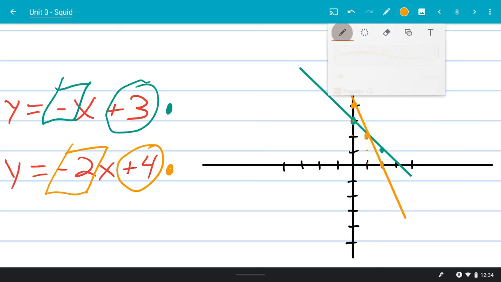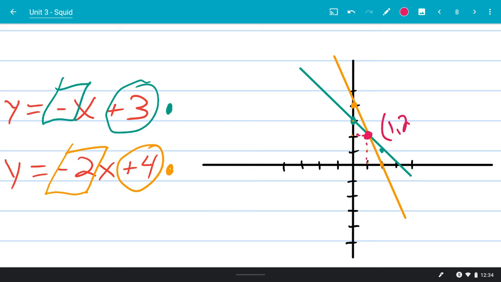So where do they intersect? In this case, I got another one that's kind of nice. They intersect right here at approximately (1, 2). Can I plug those in and see if that works? Sure. Is 2 equal to -1 plus 3? Yes, it is.